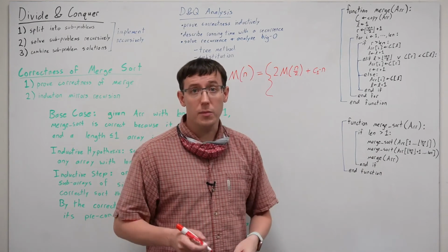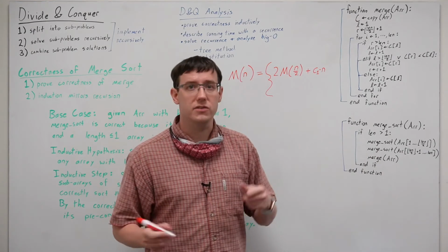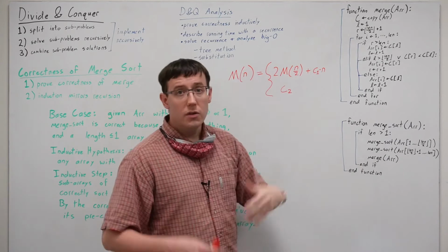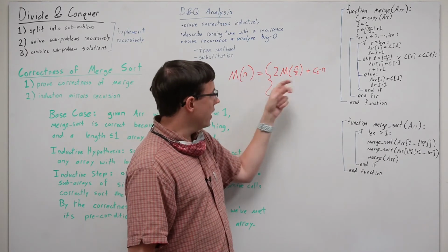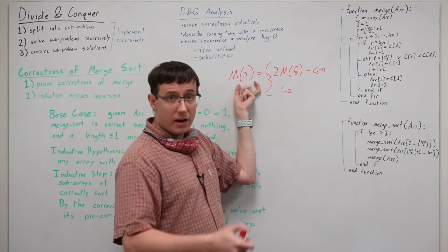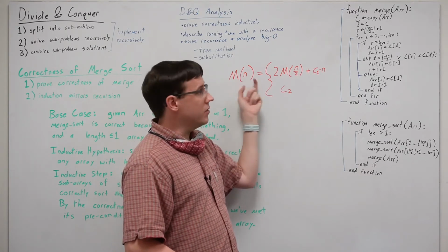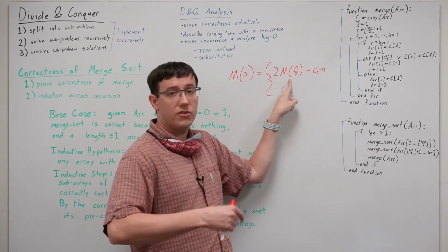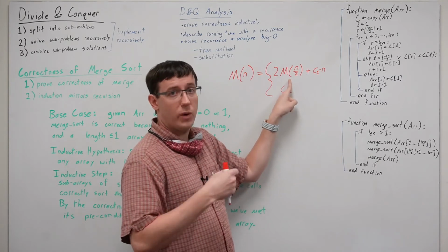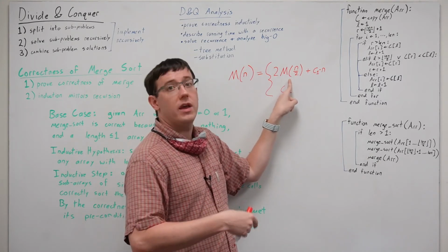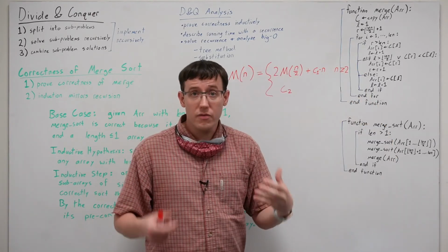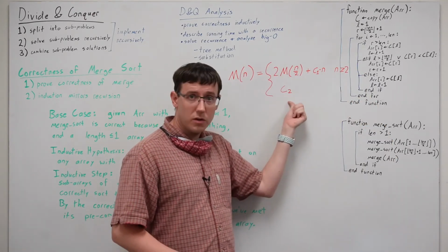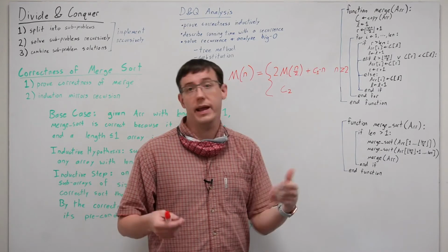So we'll describe the base case running time as C2. So now our recurrence describes the running time on a size n array as depending on the running time for a size n over 2 array whenever n is at least 2. And we have a running time that is constant when we get to the base case where n is less than 2.